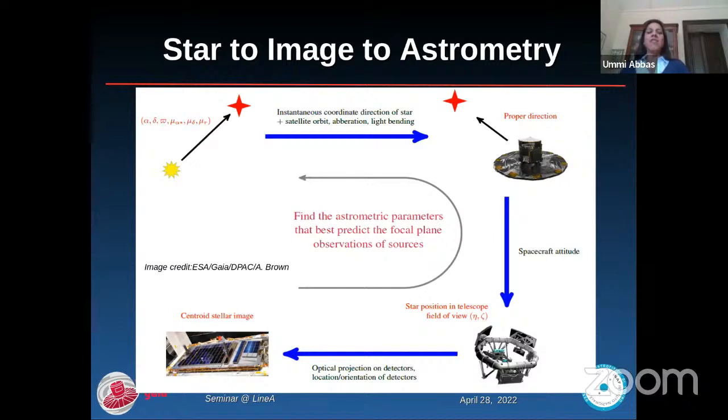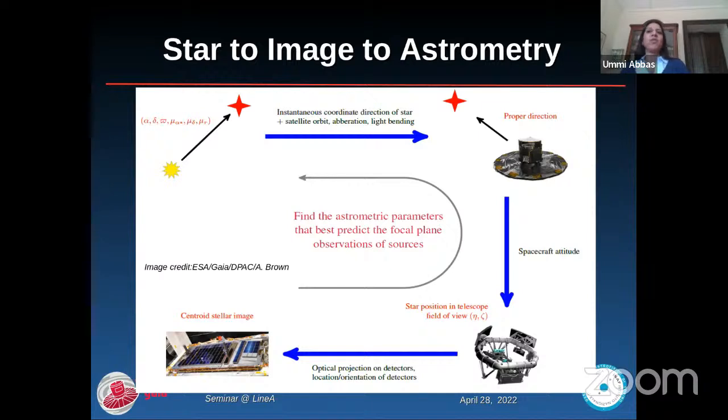Once you have this centroid stellar image, with all the calibrations and taking into account the attitude and all the other parameters shown here, we can then go back and find the astrometric parameters that best predict these focal observations.